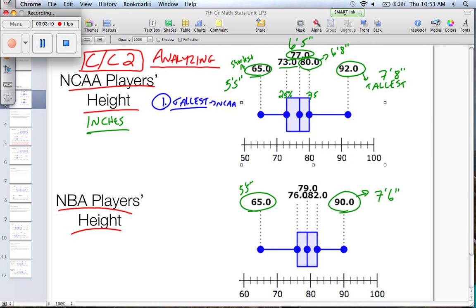Looking at my box here, the lower quartile is 76 inches, which is 6'4". And like we said, that is my 25% mark. My average is 6'7", and my upper quartile is 6'10", or the 75% mark.